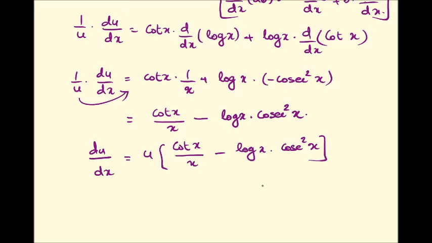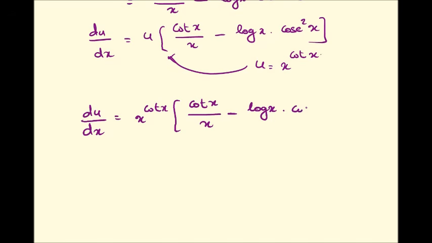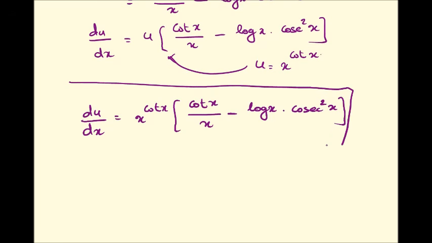Now substitute, we know the value of u is equal to x to the power cot x. So du by dx is equal to x to the power cot x into cot x divided by x minus log x into cosec square x. This is du by dx.